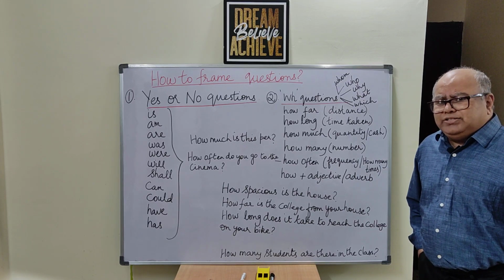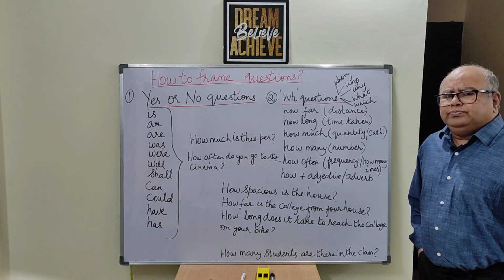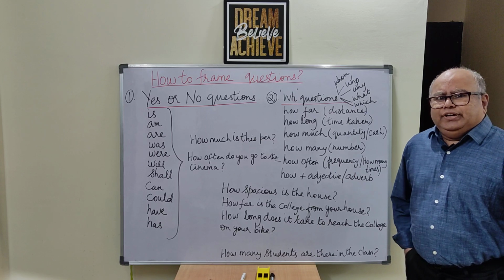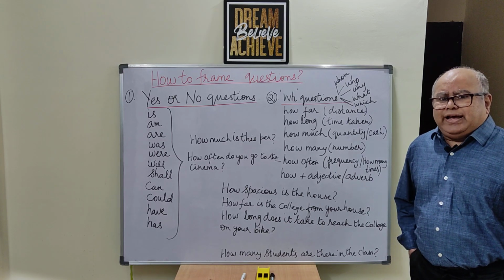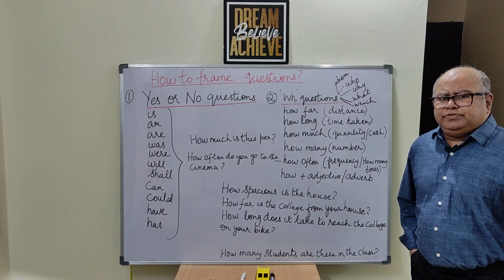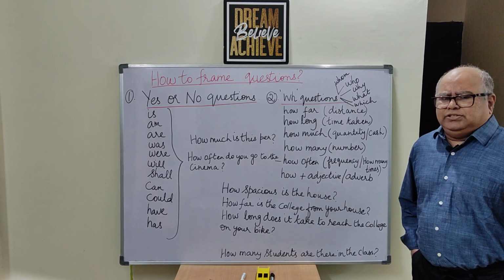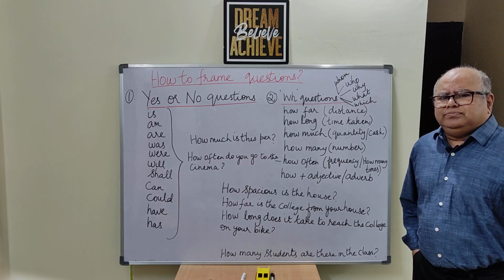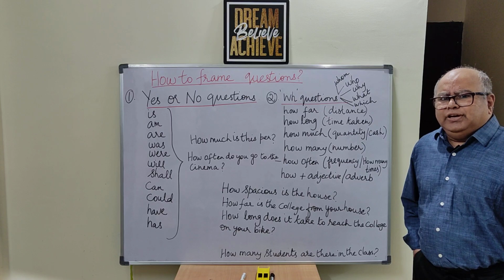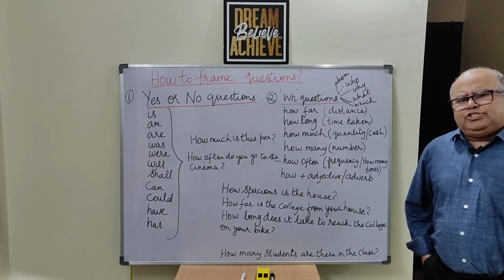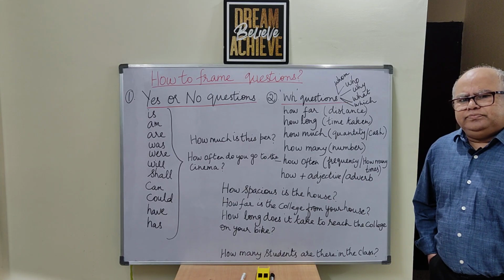Is he as good as so and so? How good? How generous is he? He is as generous as the richest man in our village. He is very generous. Okay. So, how tall is he? He is the tallest man in the village.